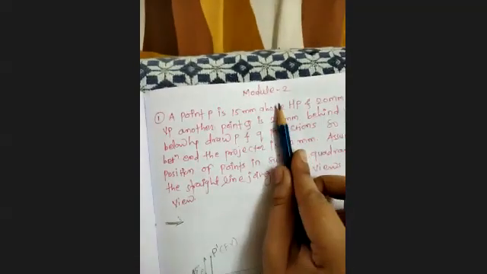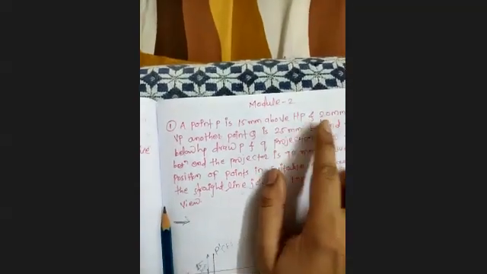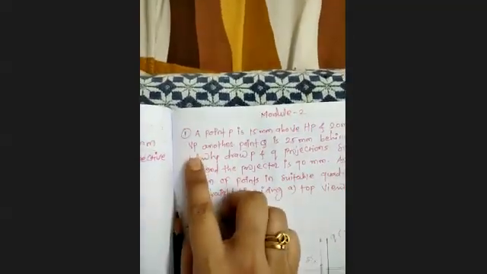This is module 2, first question. Guys, it's a very simple question. A point P is 50 mm above HP and 20 mm in front of VP.